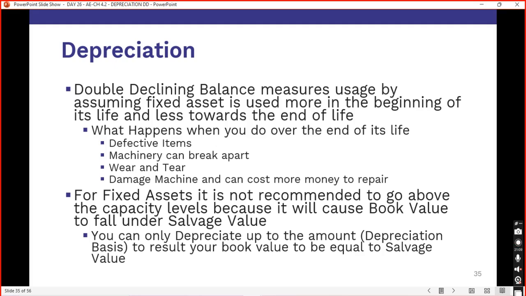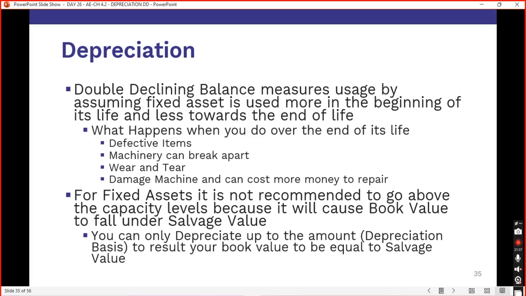Now, of course, we know for a fact that with our fixed assets, just because the box label says it only lasts you 2 years, that is if on average you use it every day. But if you're using it here and there, of course it's going to last you more than 2 years. In fact, it could probably last you 5, 6, 7, or even 10 years if you're using it very minimally.